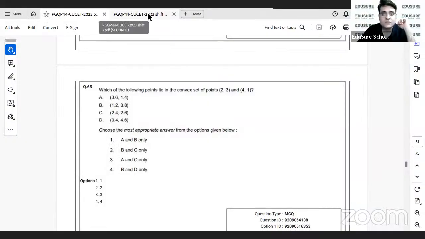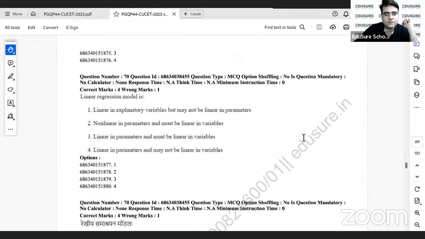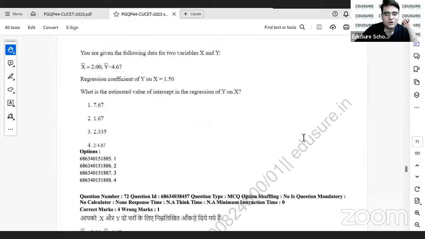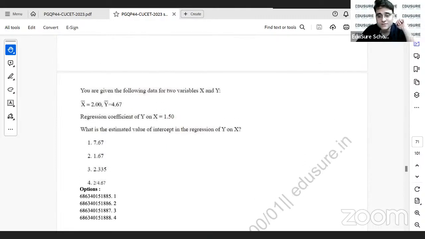Shift to question number 72. As you can see, the comprehensiveness of the student portal, it's extremely comprehensive, and all these solutions are all there on the portal anyway.